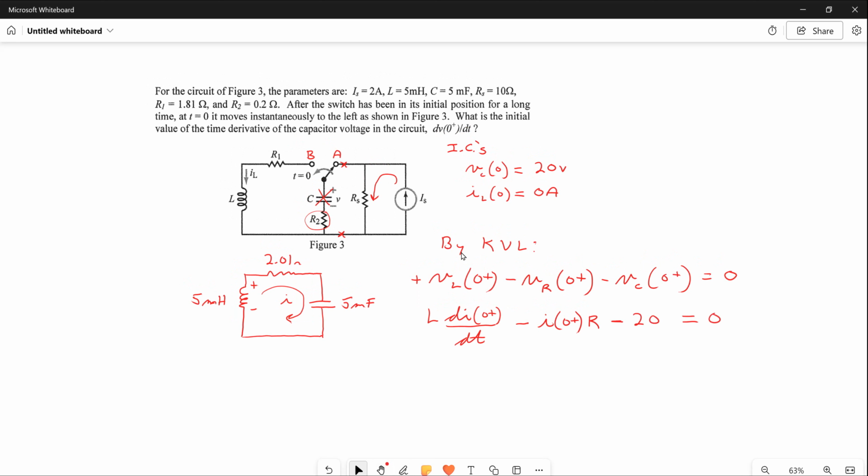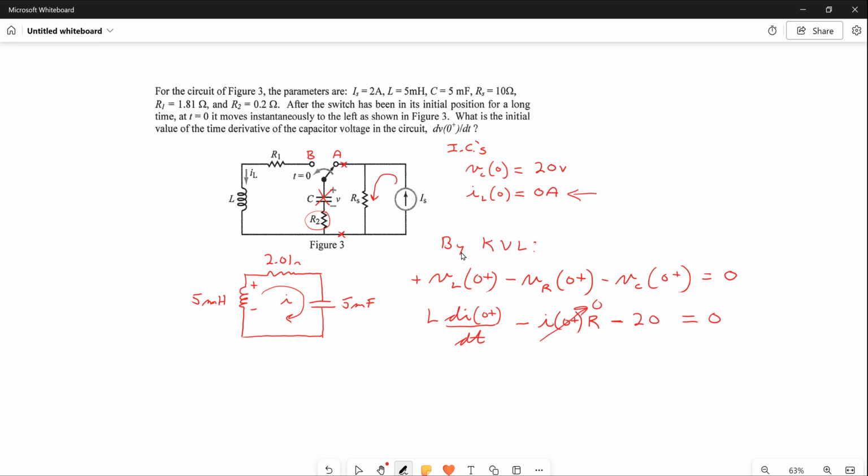Well, the current at 0 plus, in that middle term, has to be 0 amps. The inductor is going to maintain the same current through that instant of time. If the initial condition says it's 0 amps, at 0 plus it has to be 0, so this term goes to 0.